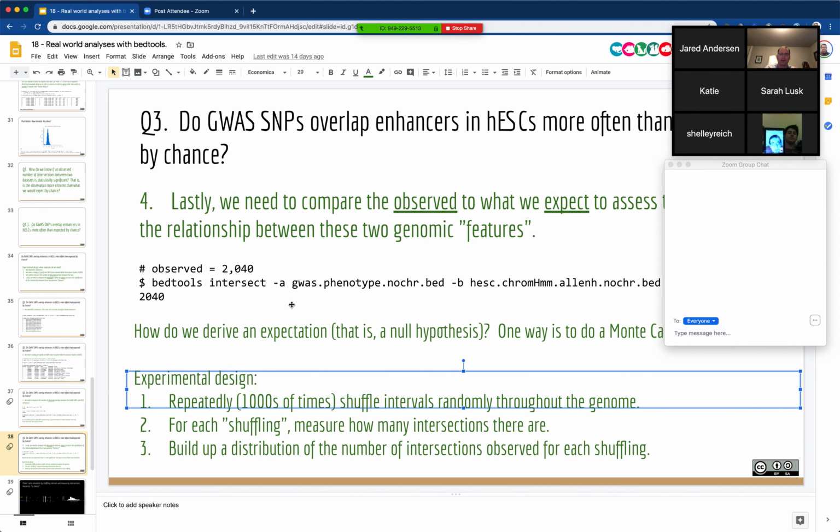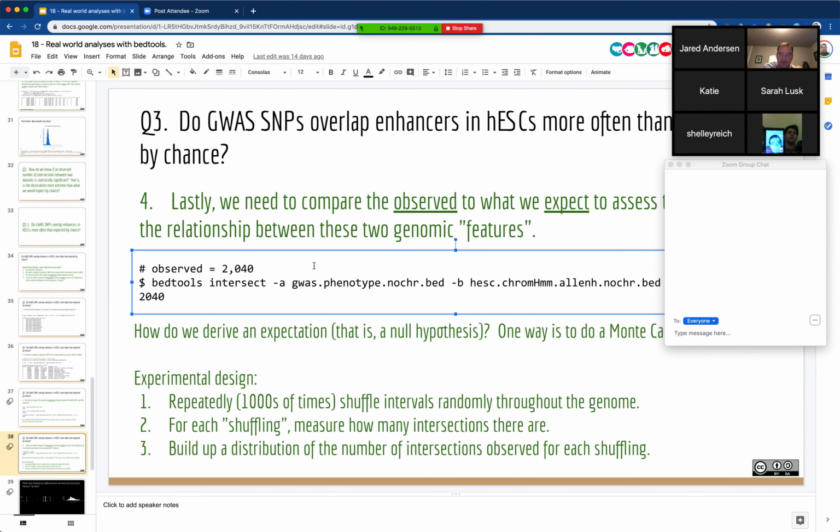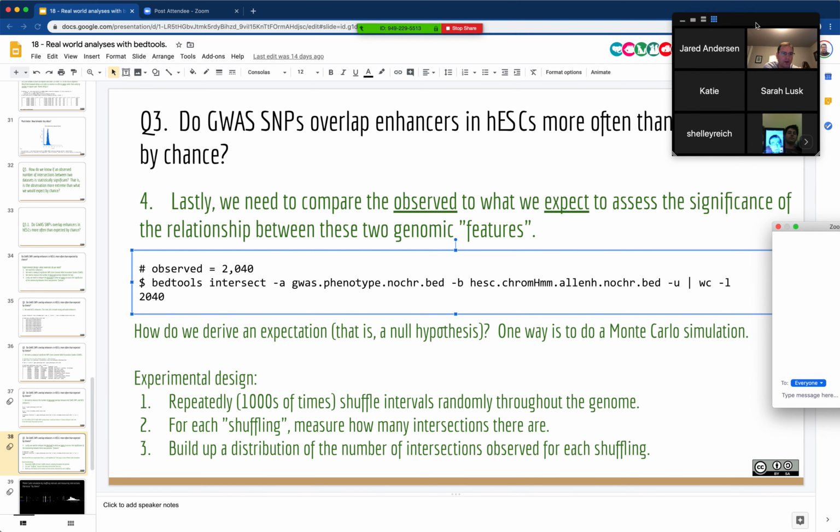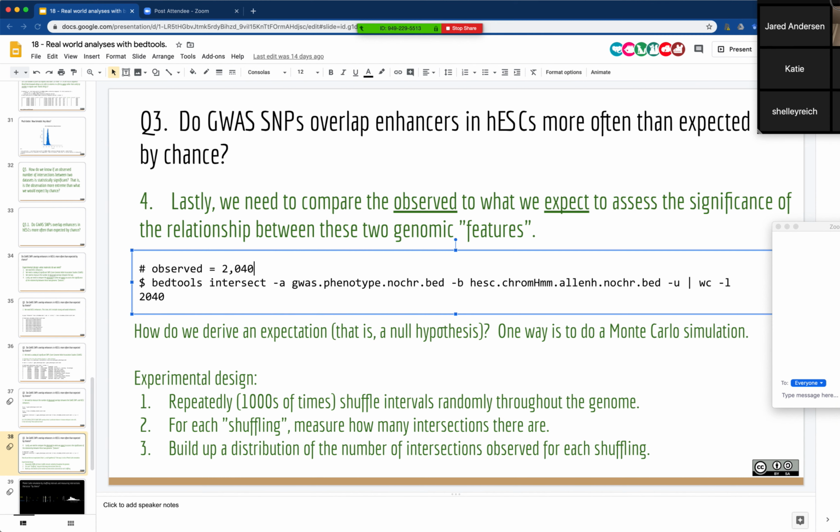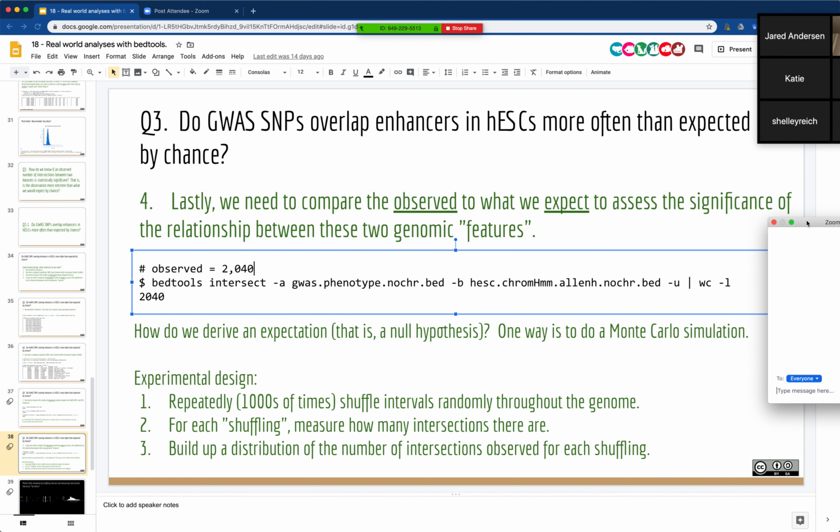So the idea about how we derive an expectation comes from this thing called a Monte Carlo simulation that I talked about. The Monte Carlo aspect comes from the fact that, as you probably know, Monte Carlo is a big casino place in the south of France.